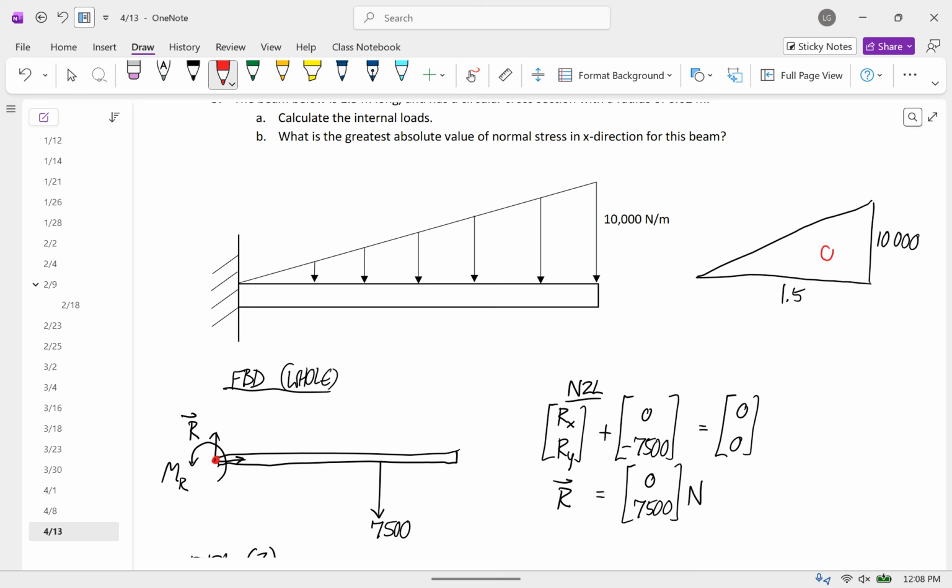And the centroid of this shape is 1/3 of the way from the edge to the point. So that means it's 2/3 of the way from the point towards the edge. And so this distance is 2/3 of 1.5, which is 1. So that's how. And then the magnitude of the point force is the area. So that's 1.5 times 10,000 over 2. Okay.